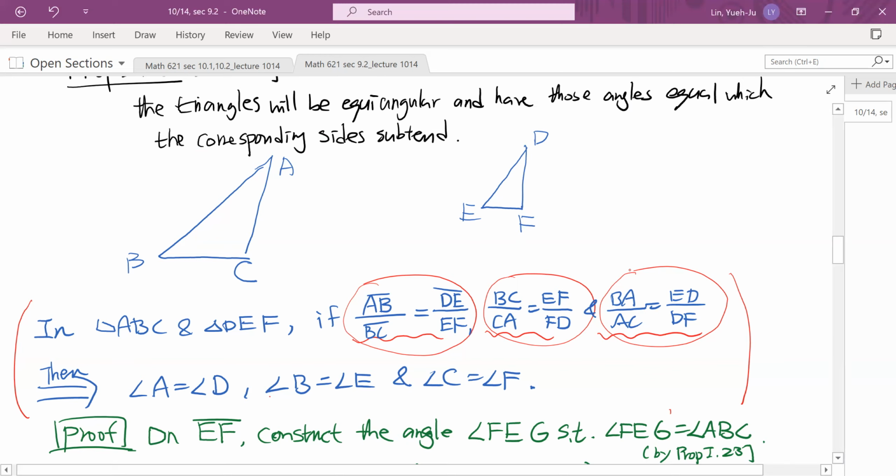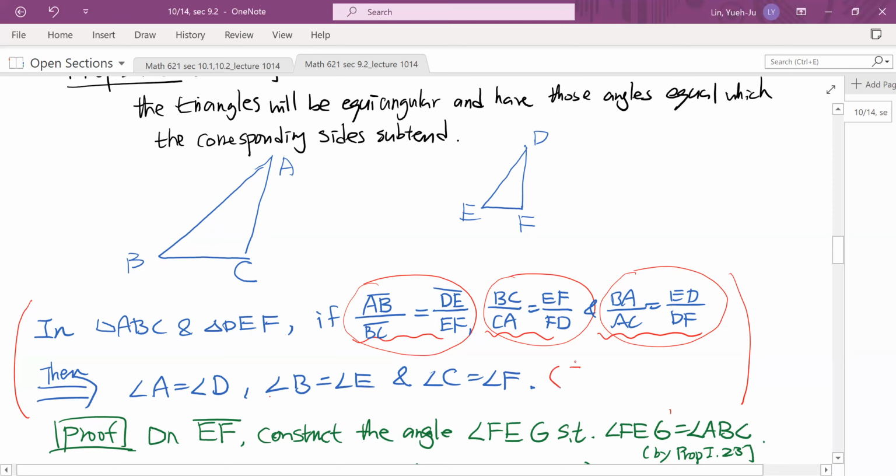The proof here is a little bit tricky, so I want to actually do it here. Of course, feel free to read the textbook by yourself. For this proposition, it tells you that if these three pairs of sides are in ratio, then all the angles are equal.